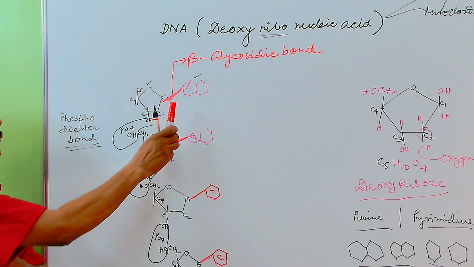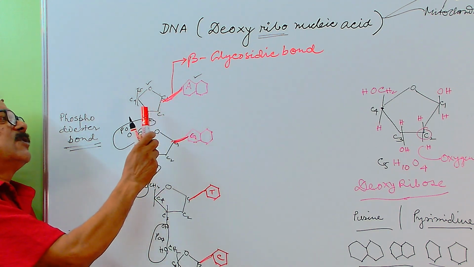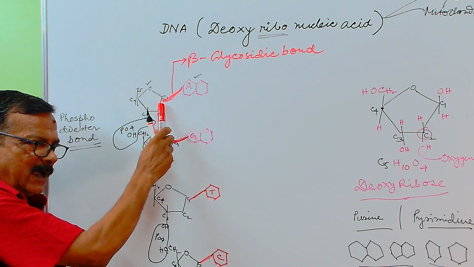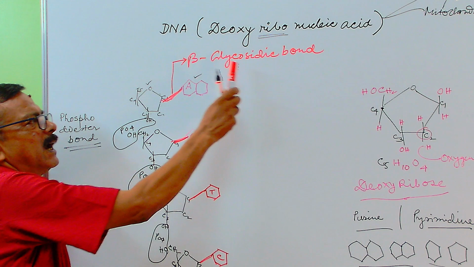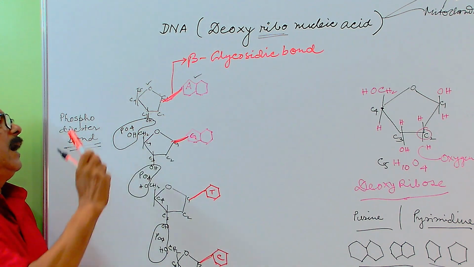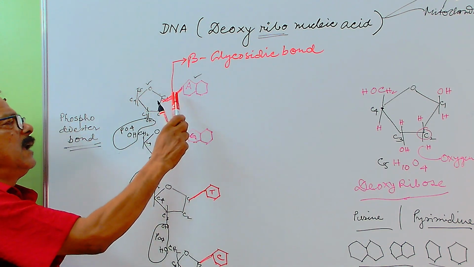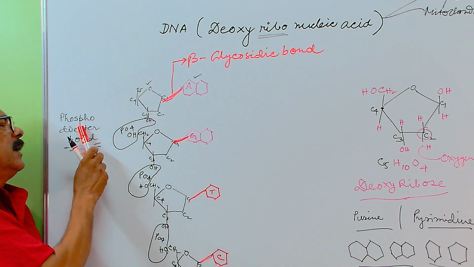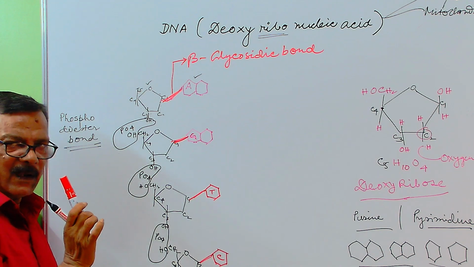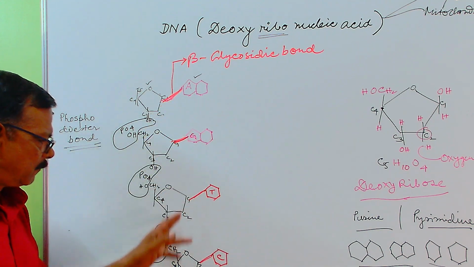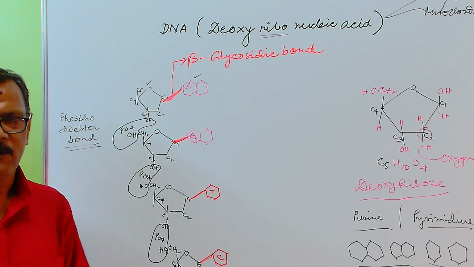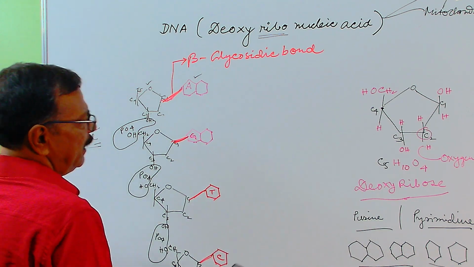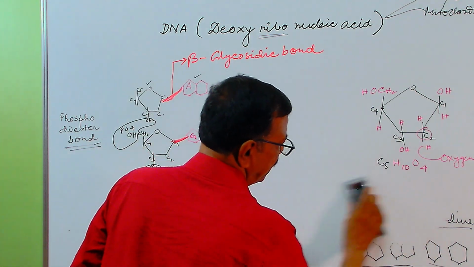So the nitrogenous bases remain joined with deoxyribose sugar at C1 carbon with the help of beta glycosidic bond, and the nucleotide joins with another nucleotide by phosphodiester bond. Clear? And these four are collectively called tetranucleotide. Let me clear it more perfectly.